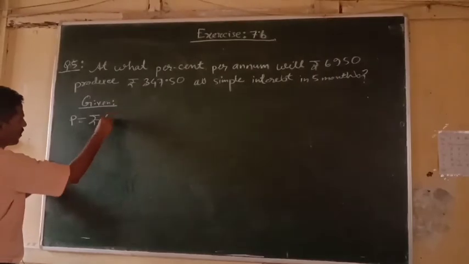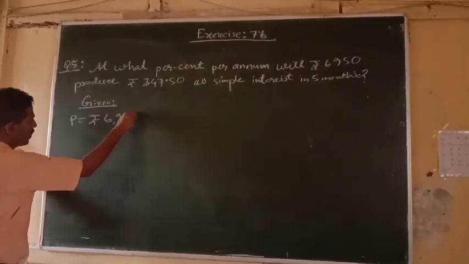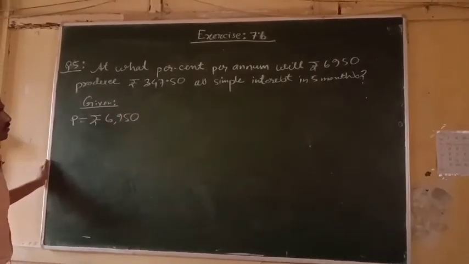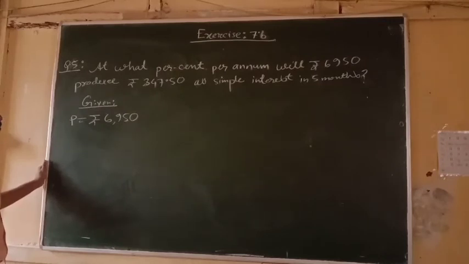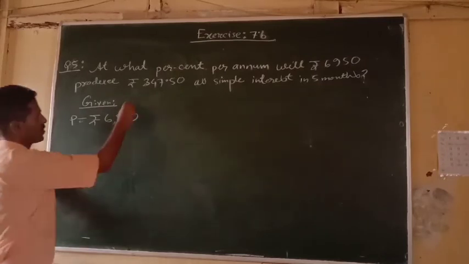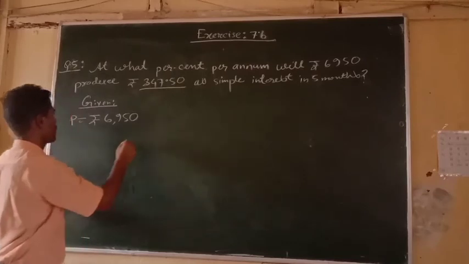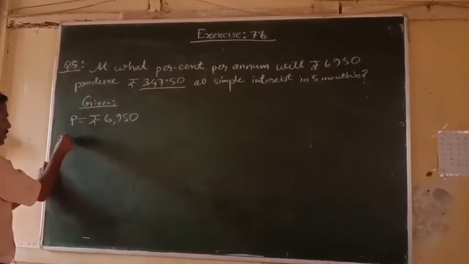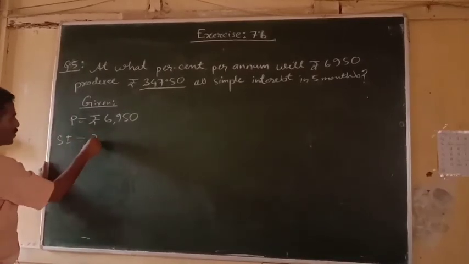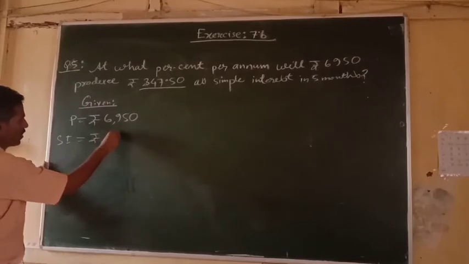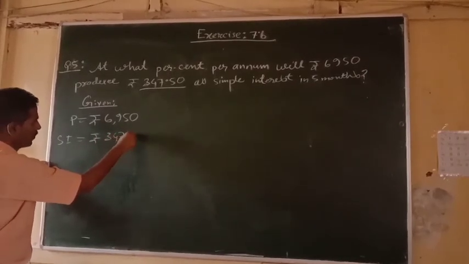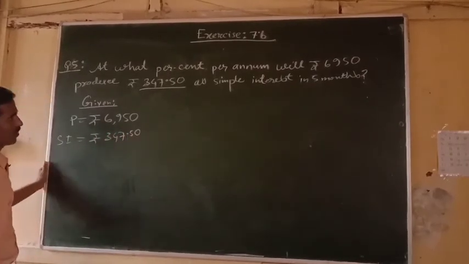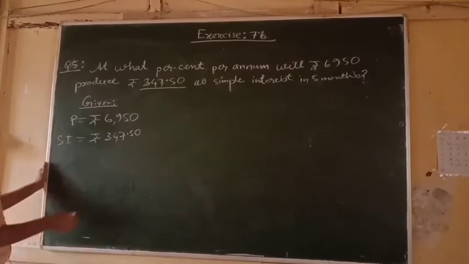Rupees 347.50 is the given simple interest, in 5 months.